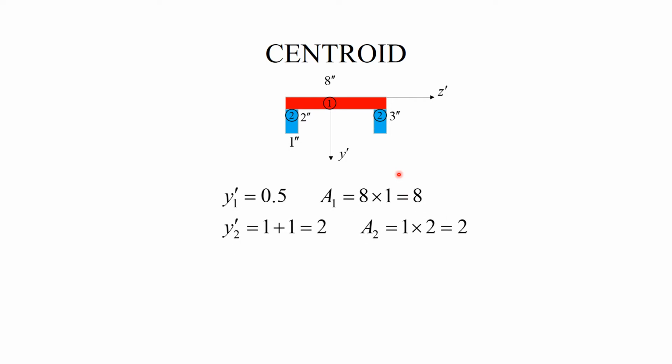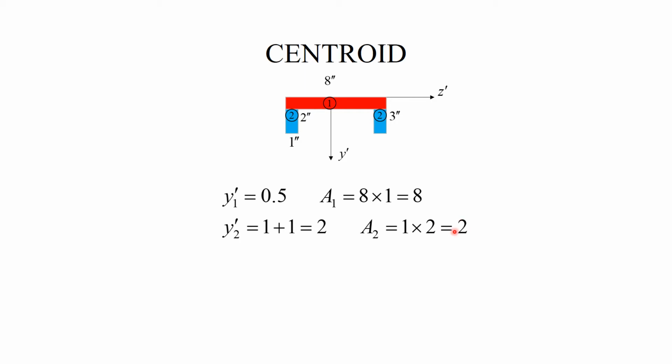So the centroid for the flange is 0.5 inches. The area is 8. And for one web, the centroid is 2, and the area is also 2. Of course, here we have 2 inches and here we have 2 inches squared.